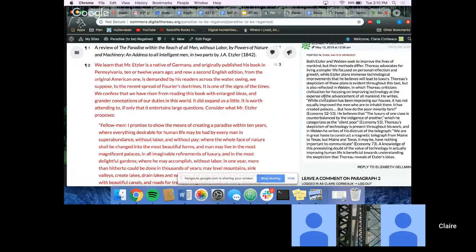And I looked up a Mahometan's heaven, and Muslims believe that heaven becomes this beautiful garden of paradise, and Thoreau is sarcastically saying, oh, Etzler thinks he can create this with technology. That's definitely something I never would have caught if it weren't for leaving comments on the text. I saw this and I wanted to leave a comment on that, but.